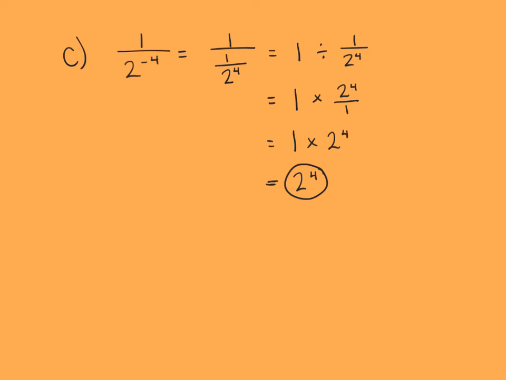Really, we just moved that base to the numerator and it became a positive exponent. So this is the same thing as saying 2 to the 4th power over 1. Really, our base and exponent crossed the fraction line and changed signs. And that's really all we're doing every time.